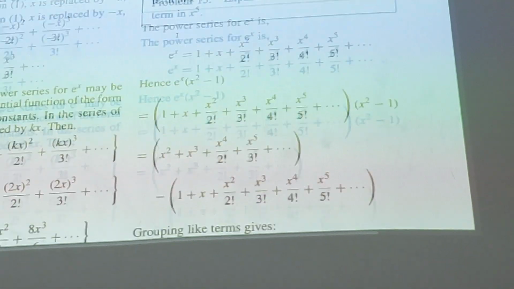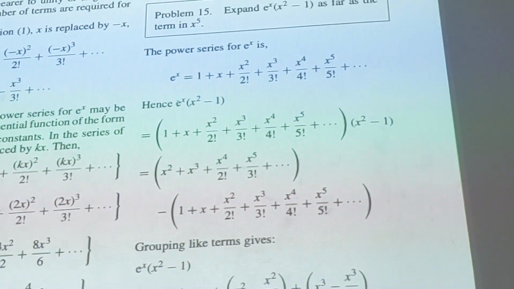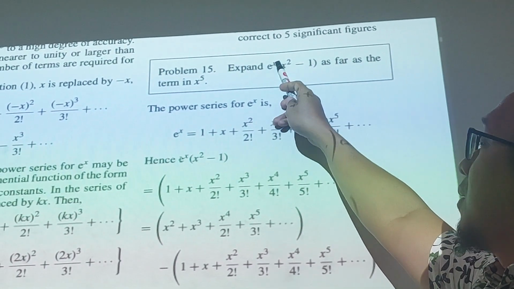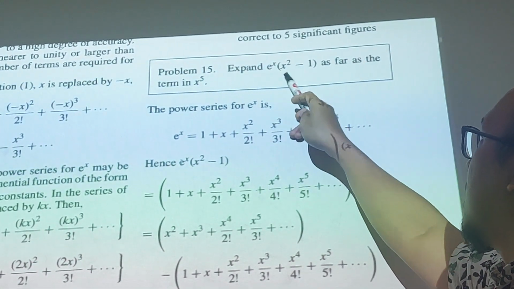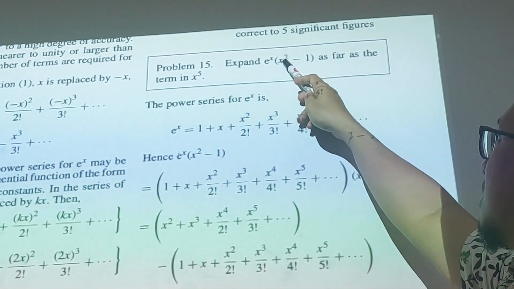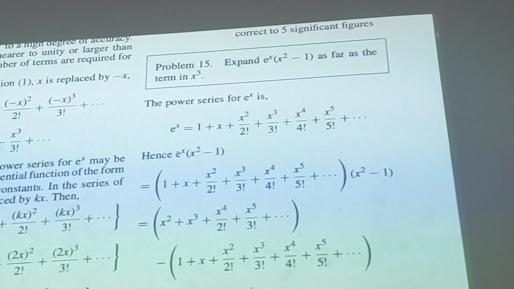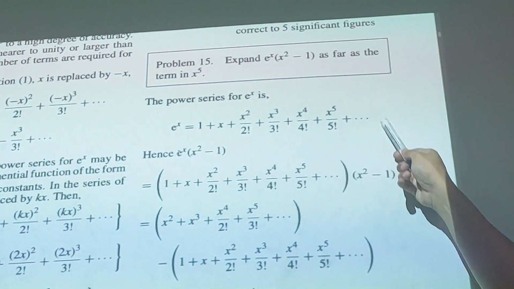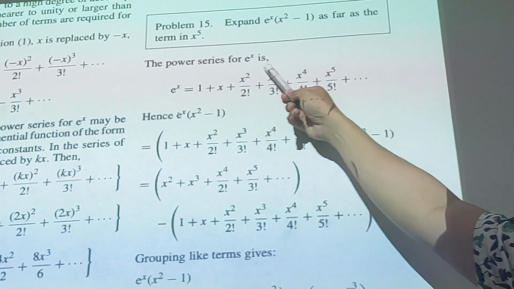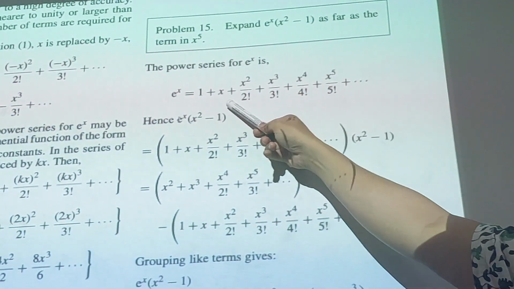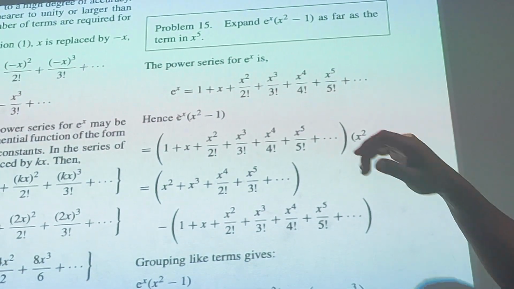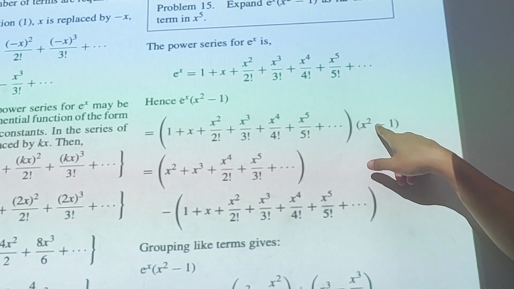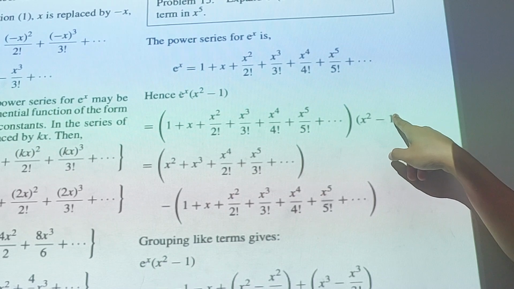Then we continue to problem 15. You can see the function e to the power of x multiplied by the function x squared minus 1. You know the basic function of the e power series is written like the previous function, like this. So you simply multiply by the second function, x squared minus 1.